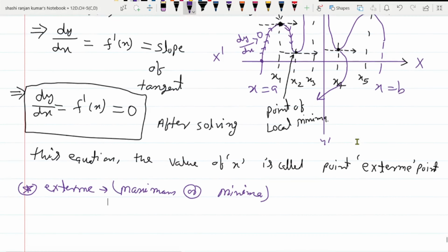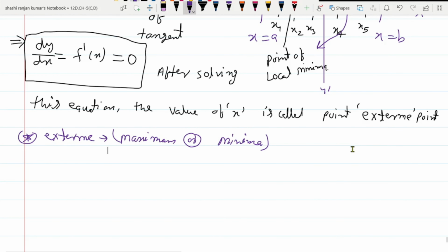Okay. Now if we have to find which is the point of maxima and which is the point of minima, for that we have to check. So here we can write this point also, then we come to the question.